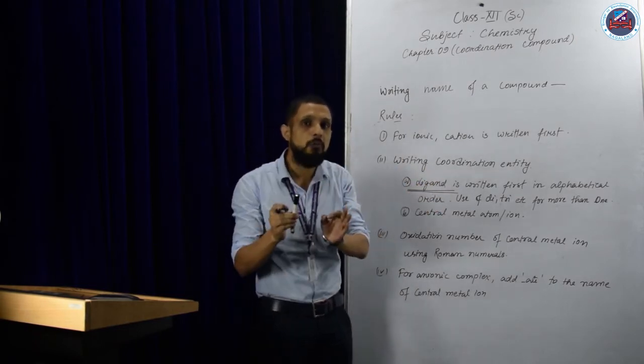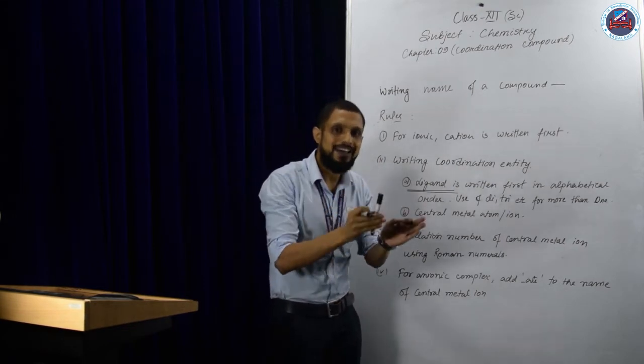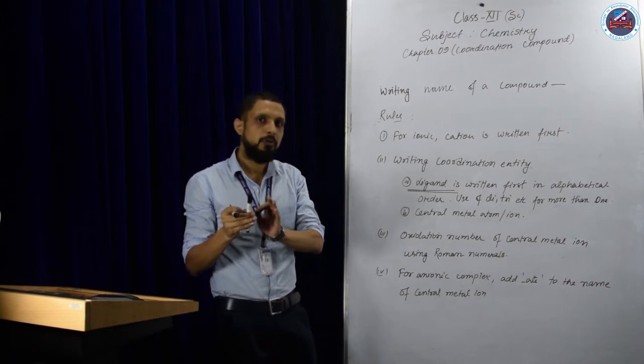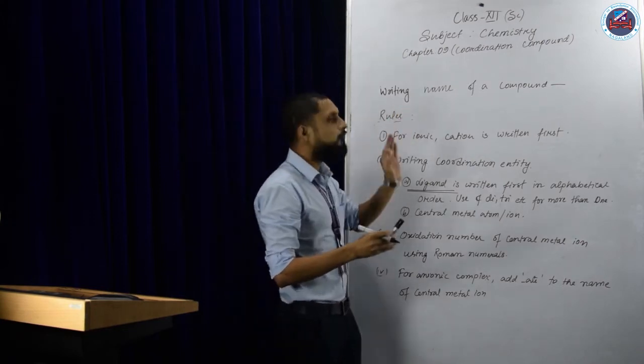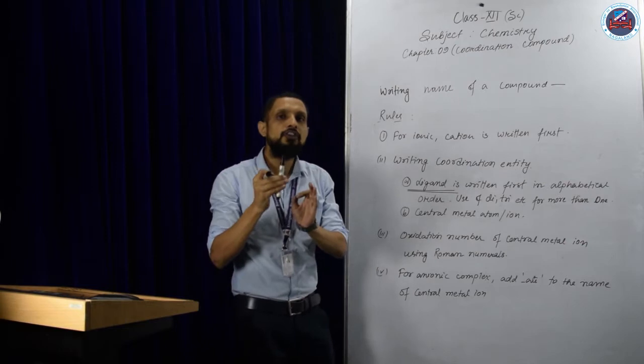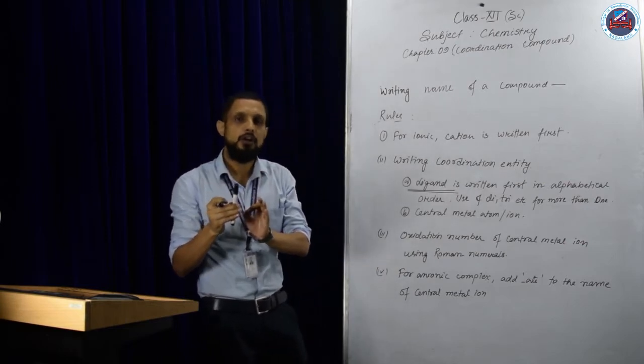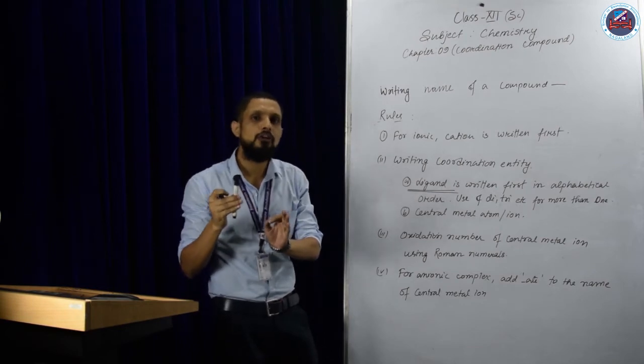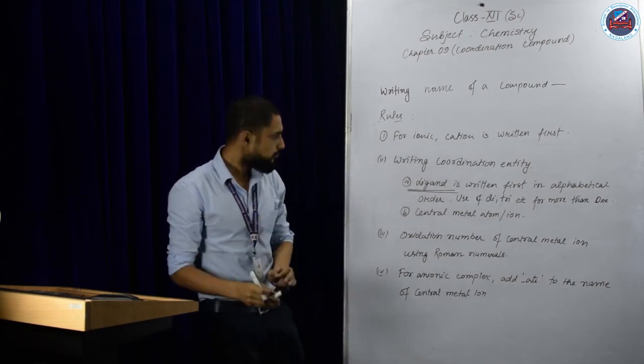In the formula, you first write the central metal ion followed by the ligands in alphabetical order. But in the name, you first write the ligands in alphabetical order followed by the central metal ion.